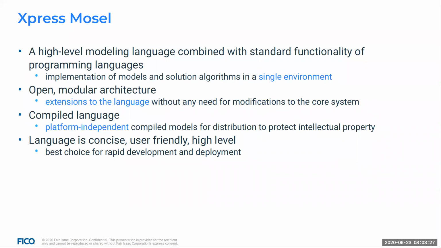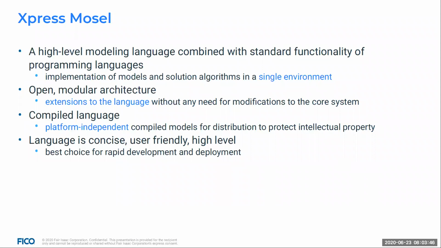We have a modular architecture that is open, that is, the interfaces are documented, so you can write your own additions to the language without any need for Xpress developers to interact with you to change the core system.